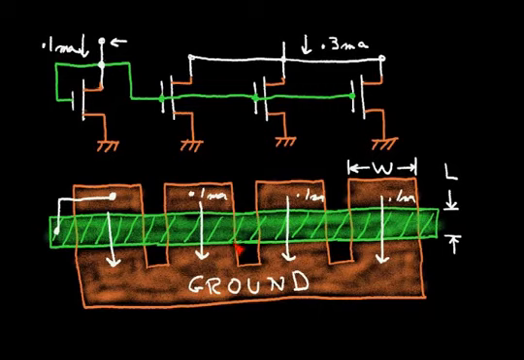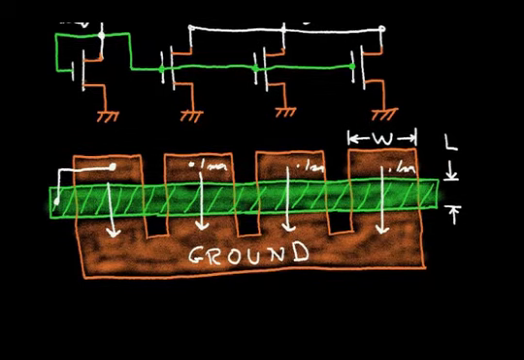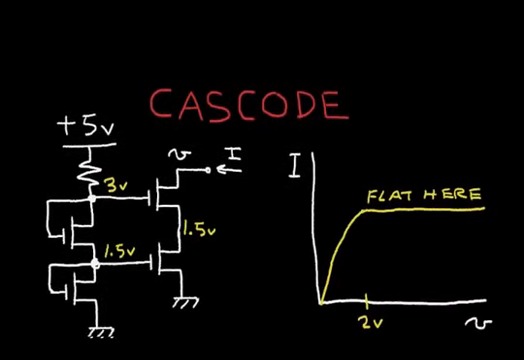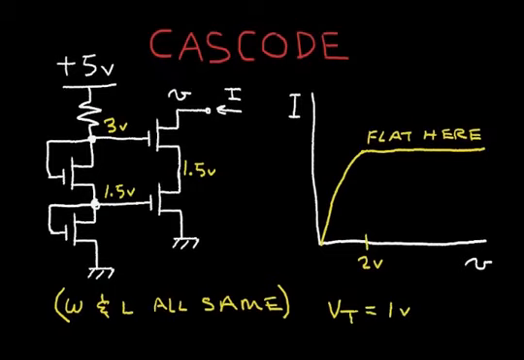So let's consider now another way to make this current source. Now this is called a cascode current source. It's very similar. If you look at this region here, it's virtually equivalent to what I showed you before. But I've added some transistors in series. I've added this transistor and I've added this transistor.